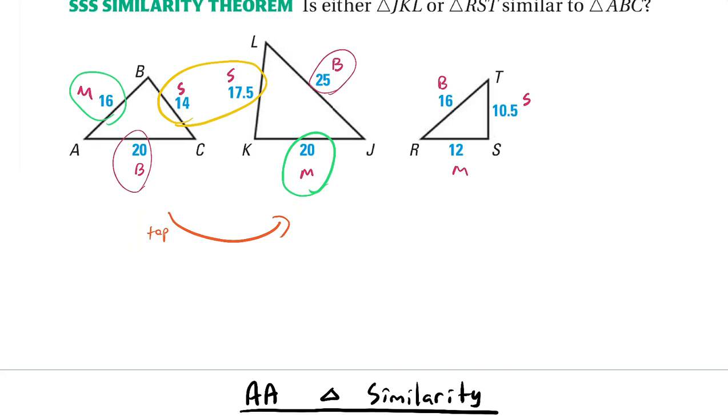What I'm checking is the ratio of big on the left to big on the right the same as the ratio of medium on the left to medium on the right? Is that the same as the small on the left to the small on the right? Okay, that's really what I'm asking here: are these three ratios the same? If they're the same, then that means all three sides are proportional to the three sides of the other triangle.